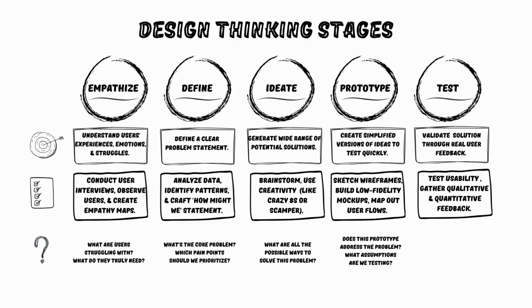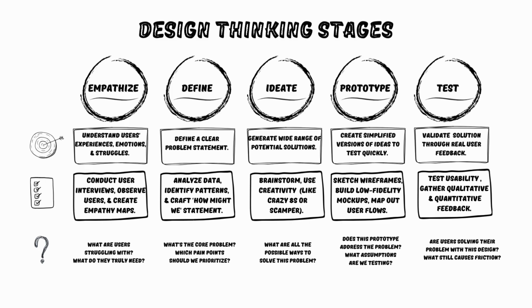If something doesn't work, that's not failure, that's progress. Because with every iteration, you get closer to a solution that truly solves the problem. The key questions here are, are users solving their problem with this design? And what still causes confusion or friction? And remember, if testing shows you need to rethink the design, you can always loop back to earlier stages.